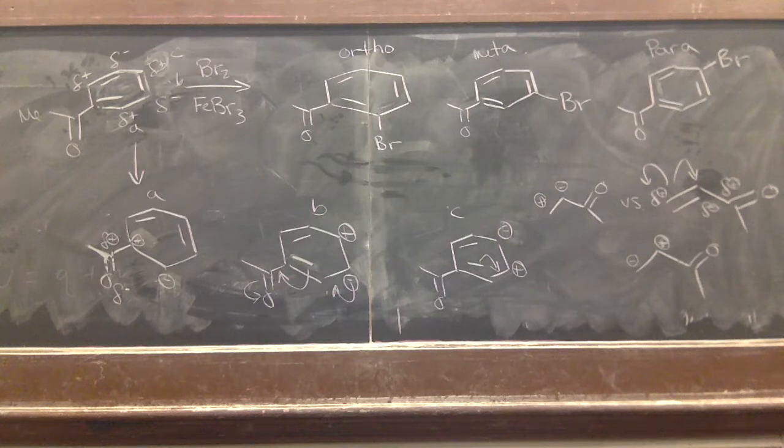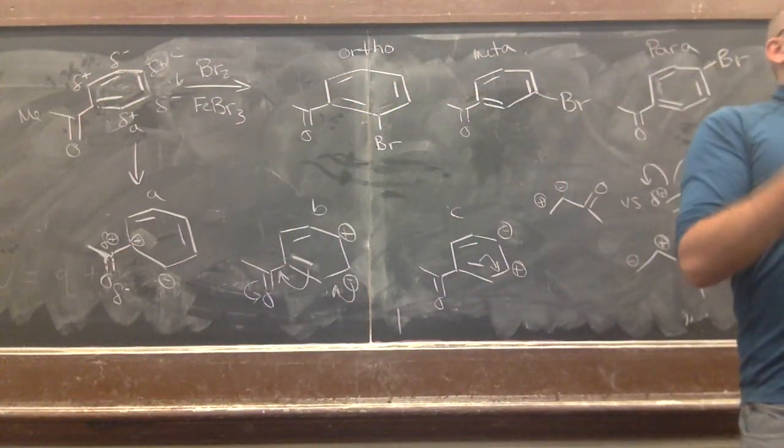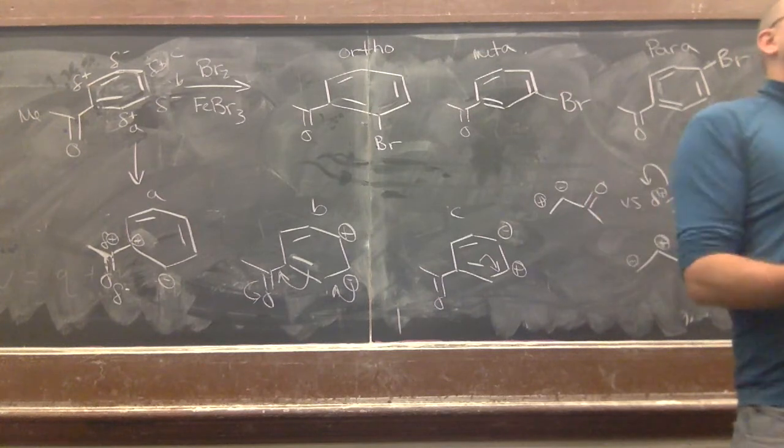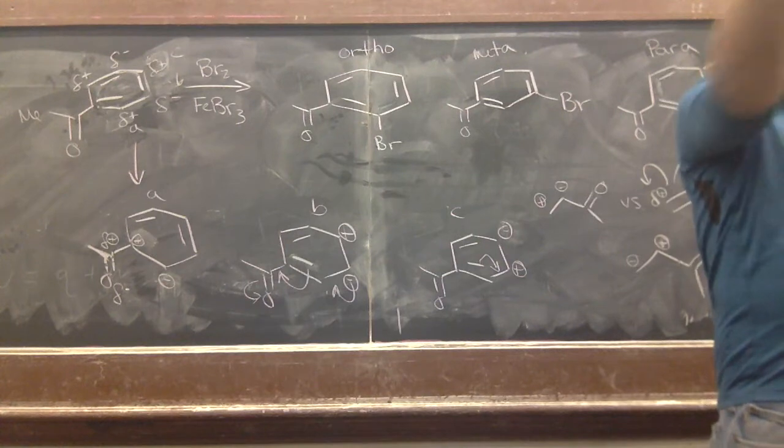Does that make sense? So that's another way that you can think about it. Either way is fine. Either way is equally correct. It's just a way for you to be able to rationalize why the regioselectivity for halogenation is what it is. I think it's a bit easier sometimes to see when there's a donor group than when there's a withdrawing group, especially because of these things that just came up, like the tertiary.